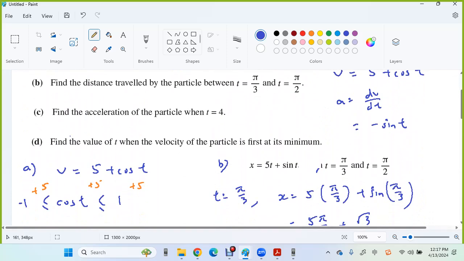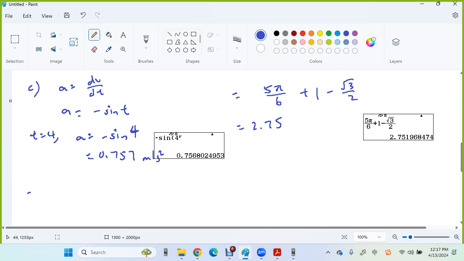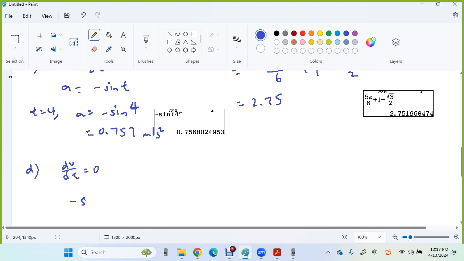D. Find the value of t at which v is first at a minimum. It is a minimum when dv/dt equals 0. That means negative sine t equals 0.